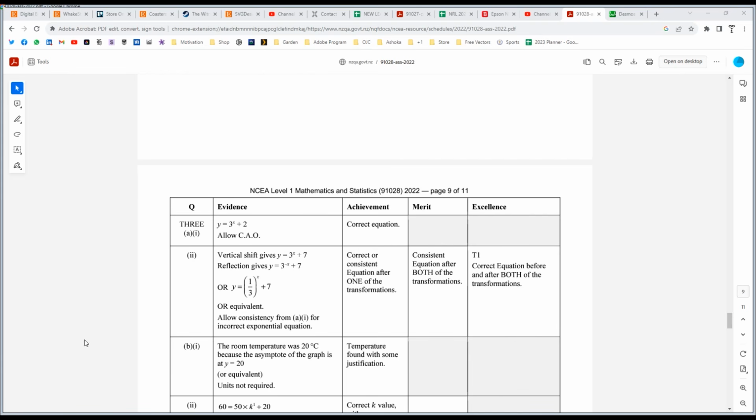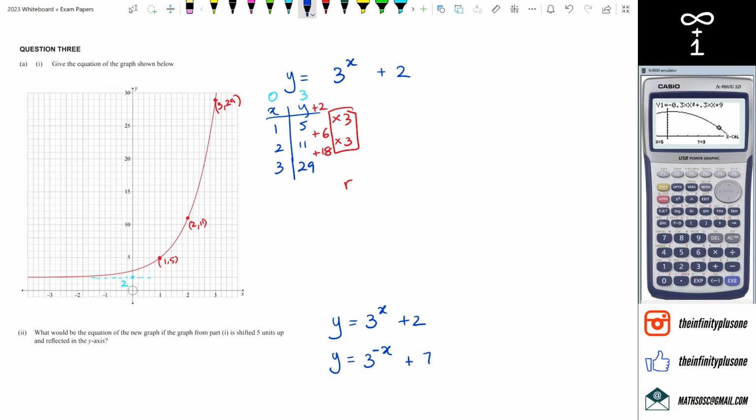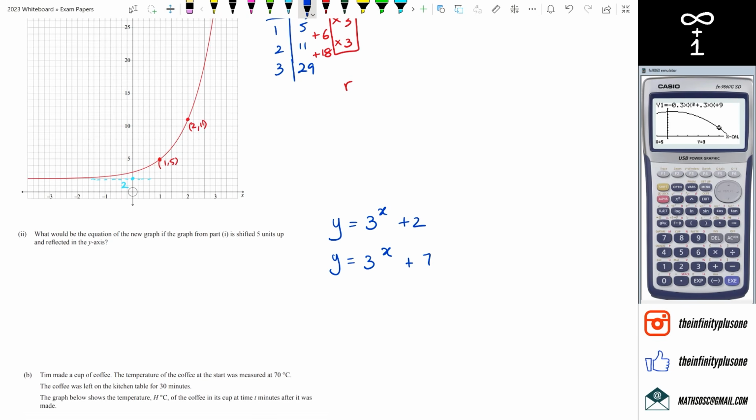See, I just thought you could just write the full answer, because it just says shifted 5 units up. I guess you could actually do it like that if you want to, but I would have just done the final answer, because 5 units up equals 3x plus 7.